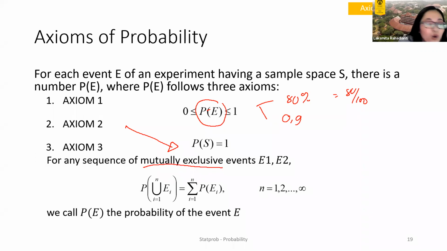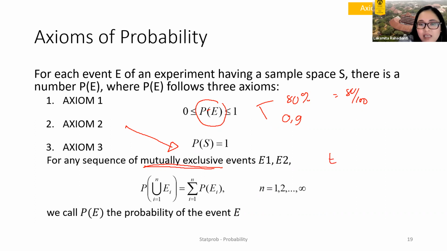And lastly, if I say that events are mutually exclusive, remember what that means. It means that there are no intersecting outcomes. So for two different mutually exclusive events, E1 and E2, the probability of their union is the sum of the individual probabilities.